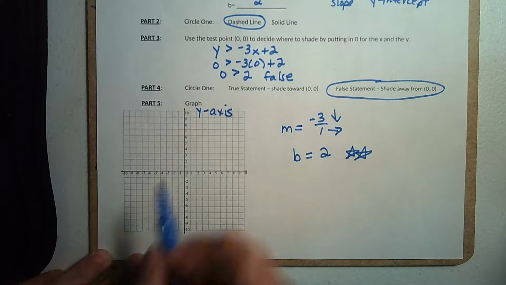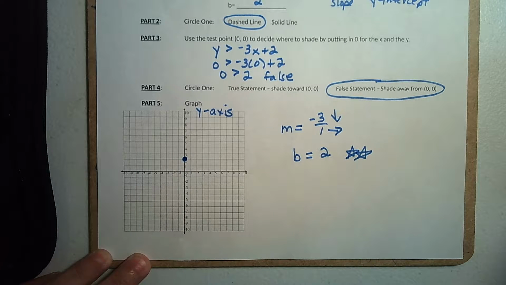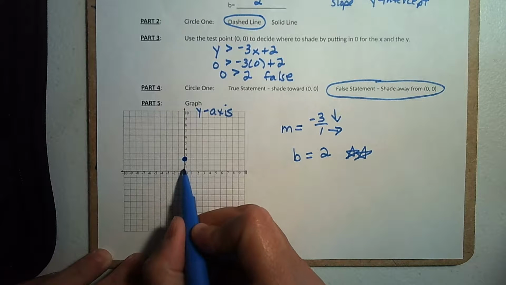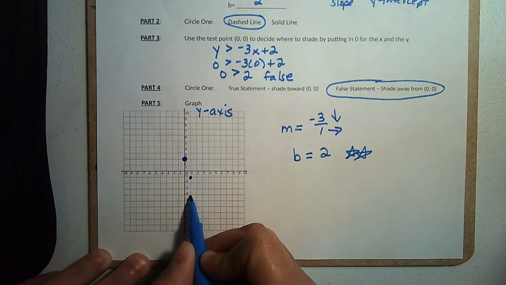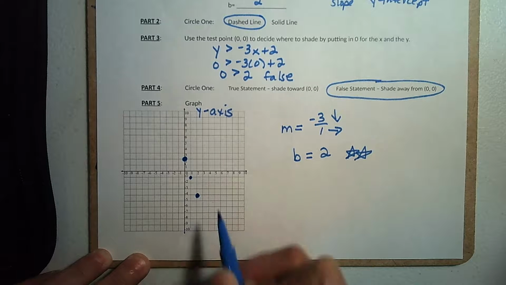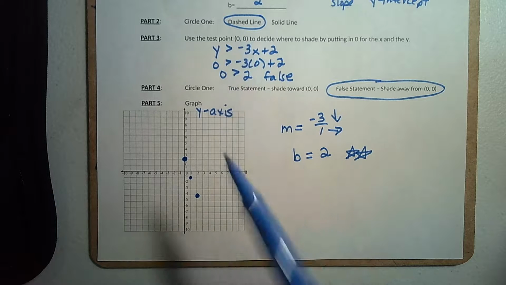So +2 is up 2 on the y-axis. And then our slope tells us to go down 1, 2, 3 to the right 1, down 3 to the right 1. And remember, we need a dashed line.